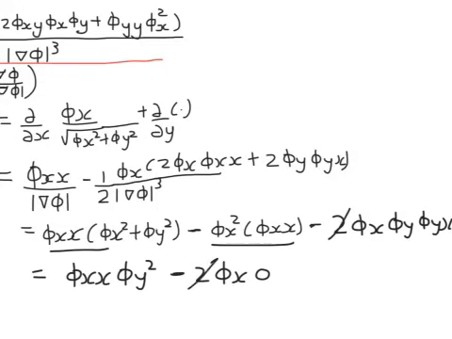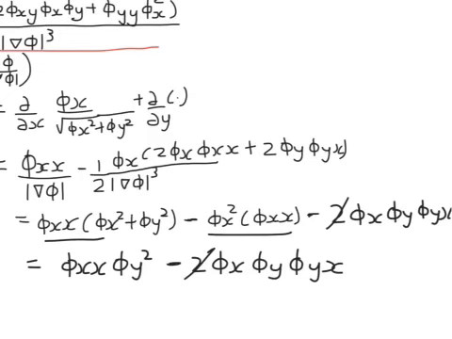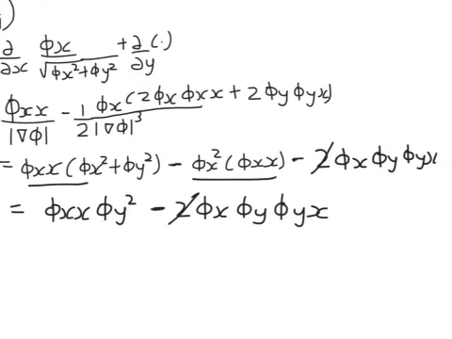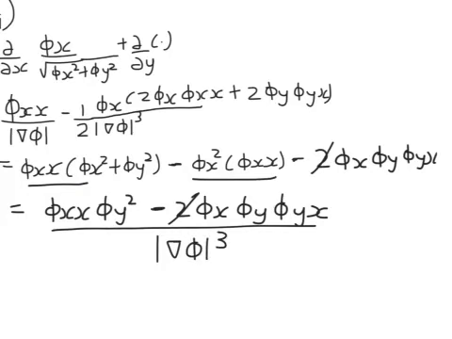And don't forget the whole thing, since we took the least common multiple, is divided by the magnitude of del phi cubed. Also don't forget there is the partial with respect to y.